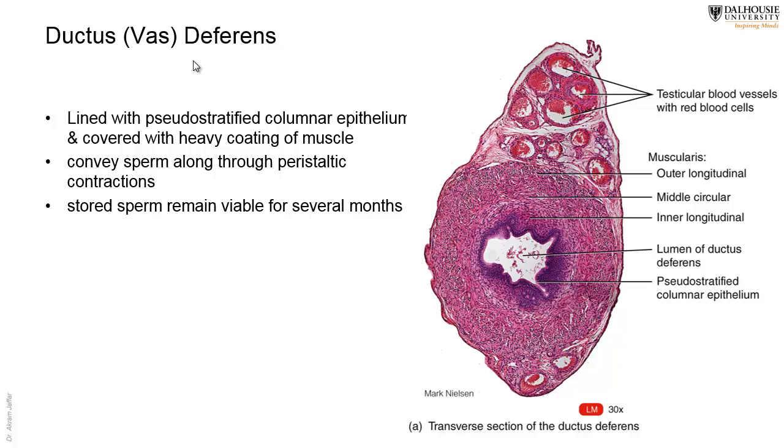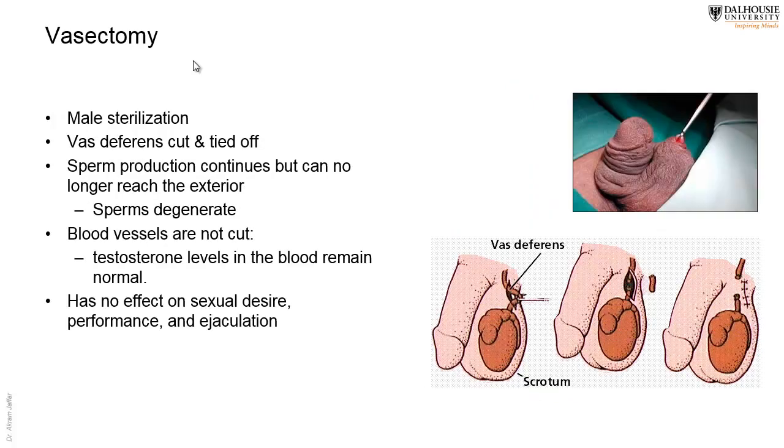It's again lined by pseudostratified columnar epithelium and covered by a heavy coating of muscle, as I mentioned. And this is the vas, which is usually the part that is cut and ligated for male sterilization.